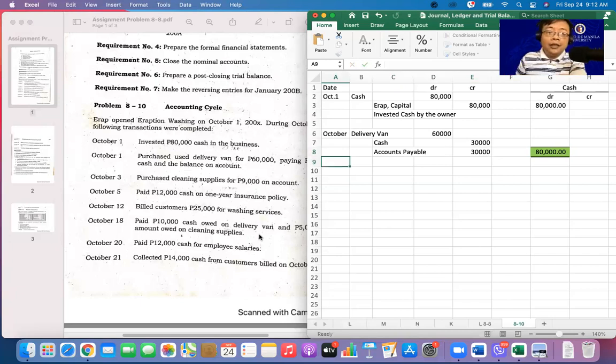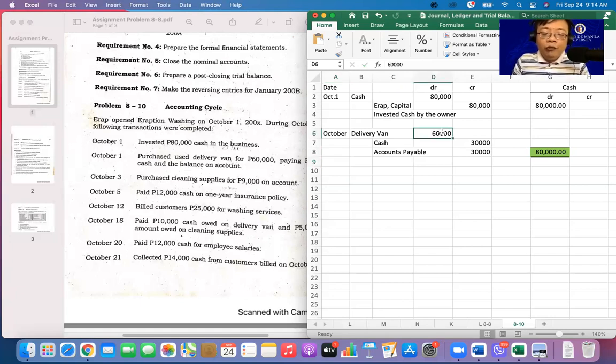Take note, class: in reality, it should not be accounts payable, it should be notes payable. But in this problem it is on account, so we credit it as part of accounts payable. Again, when you increase your delivery van as an asset, it is debited.